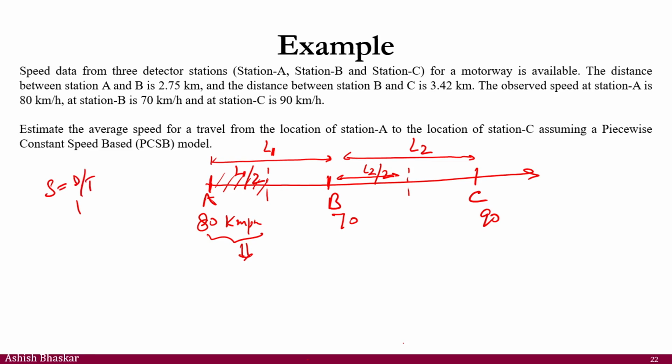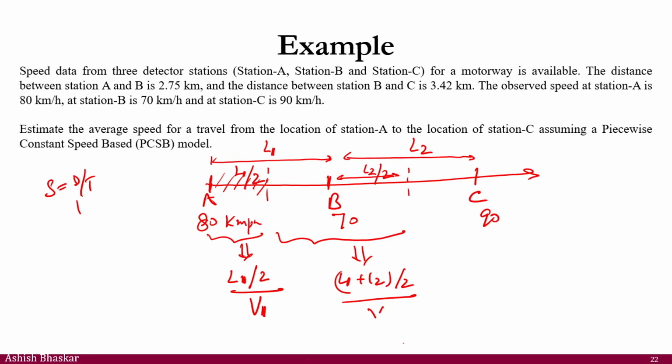The time taken to travel this part: speed is equal to distance over time, so time is distance divided by speed. So time is L1 by 2 divided by the speed V1. Similarly, the time taken to travel the middle distance is (L1 plus L2) by 2 divided by the speed V2.